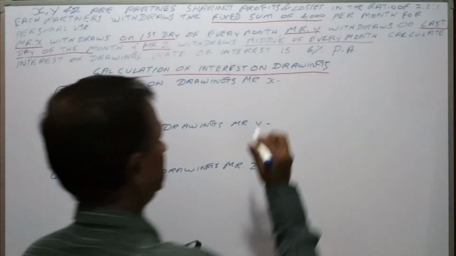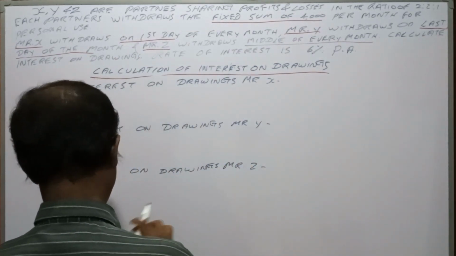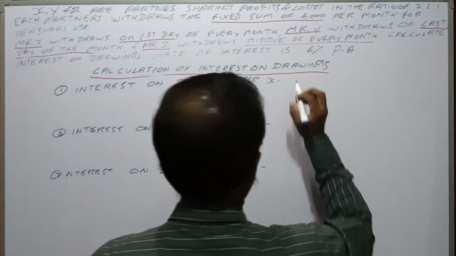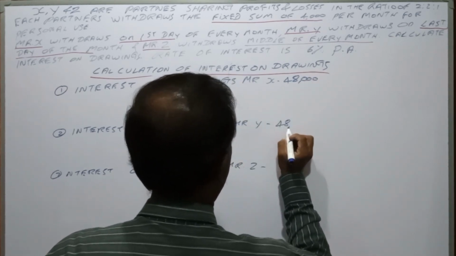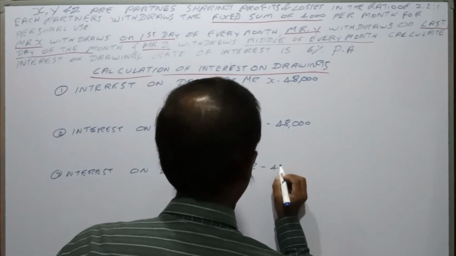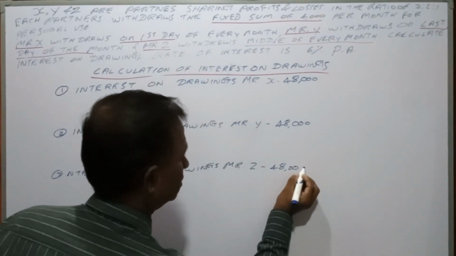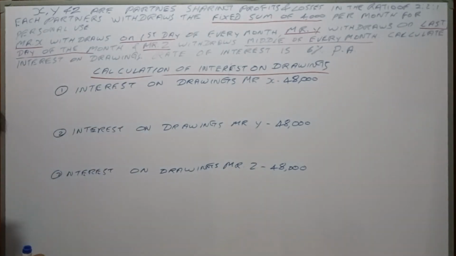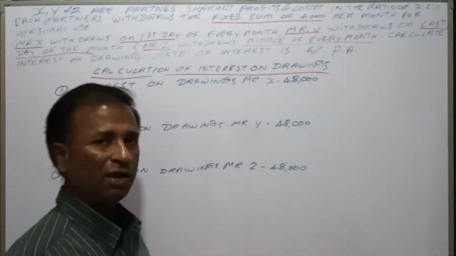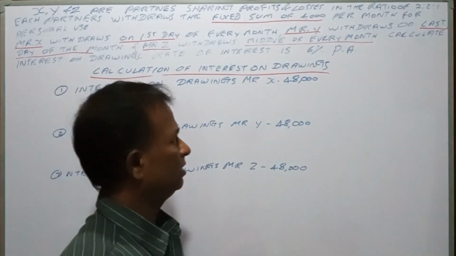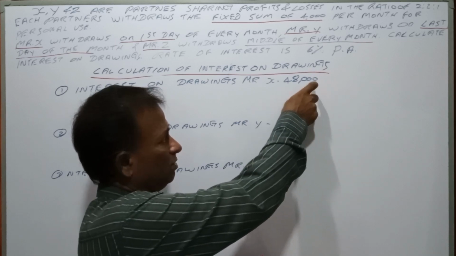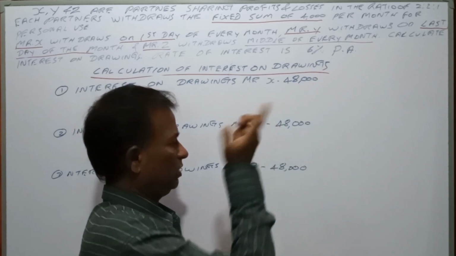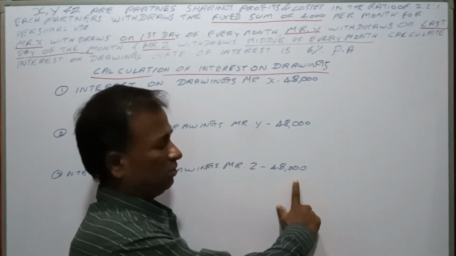The drawings per year are 48,000, where they are withdrawing 4,000 each month. Then the total withdrawal for the year is 48,000. Here you have to remember that X, Y, and Z all have drawings of 48,000.